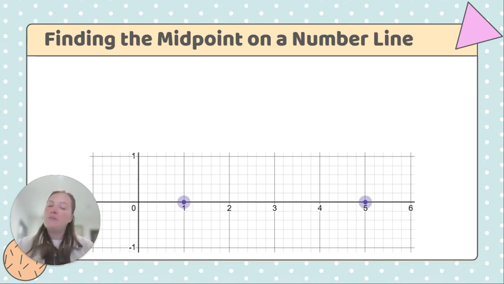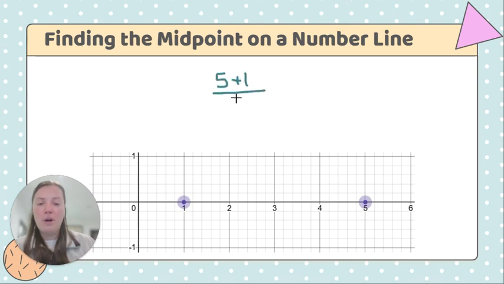However, sometimes if we're not given pictures or the ability to draw, we may need to take note of what we need to do to identify that midpoint. What we can do is take the average of the 2 points. That means take one of our points, 5, add it to the other point, 1, and then divide it by how many values we have.